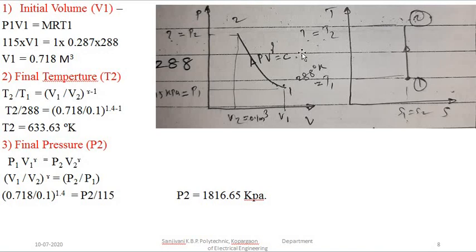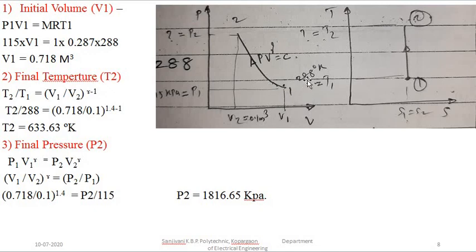So T2 we have to find out, P2 we have to find out. So can we find out volume V1 here, because we know temperature T1 and pressure P1. So the only unknown here is the volume V1. So at the state point 1 we can apply the general gas equation.